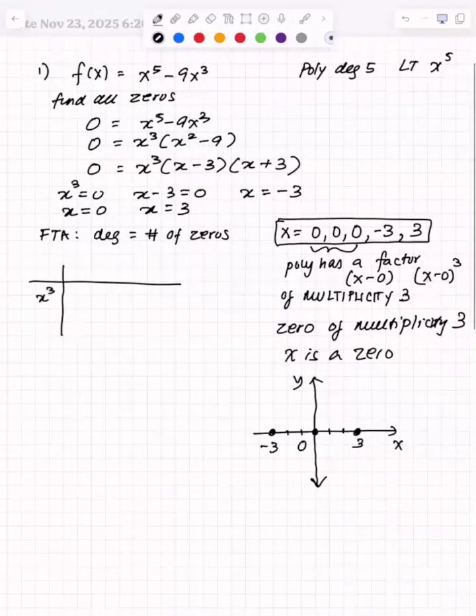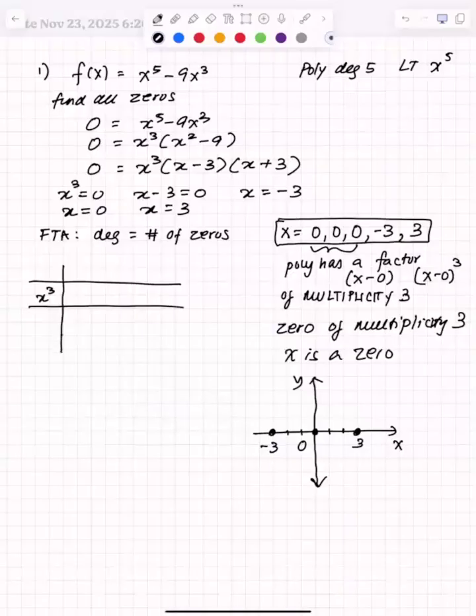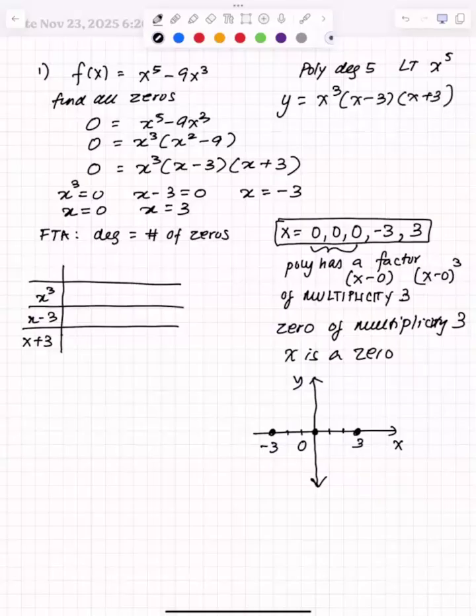I'm going to put x cubed, x minus 3, x plus 3. In factored form, y is x cubed times x minus 3 times x plus 3, right? Now the zeros of each of these factors: x cubed is 0 when x is 0, then the other two were 3 and negative 3.